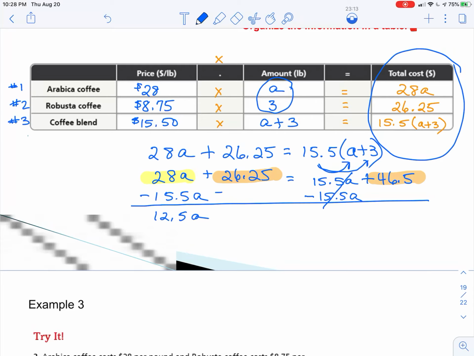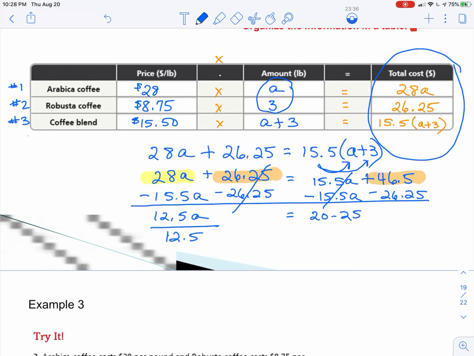I'm going to subtract it from this side, because remember, I'm trying to isolate my A. So I'm going to move my 26.25 over to the right. I want to zero it out on this side and have it subtracted from the other side as well, and I would get 20.25 on that side.